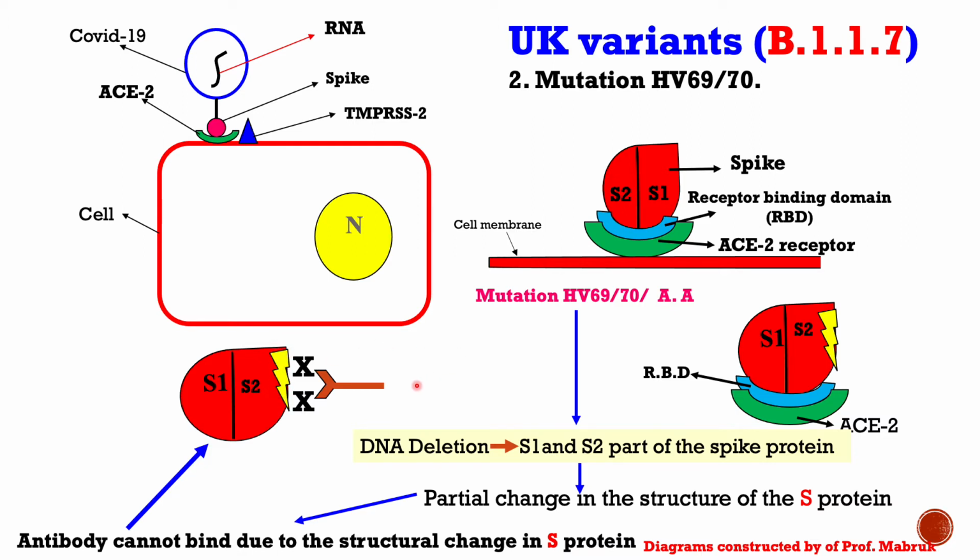Due to the structural changes in the S protein. So it means that this mutation made the coronavirus able to evade the immune response. As a result of this HV69/70 mutation, the UK variant of coronavirus COVID-19 has the capability to evade the immune response.